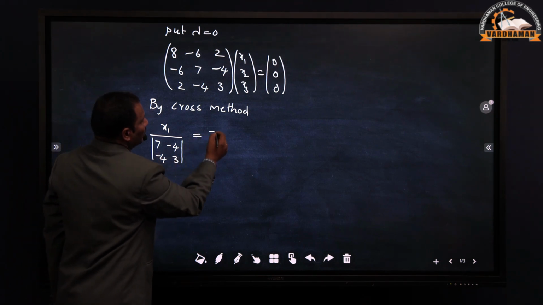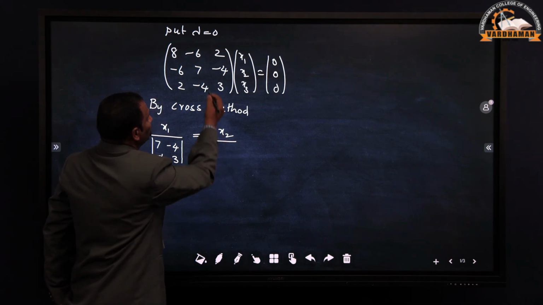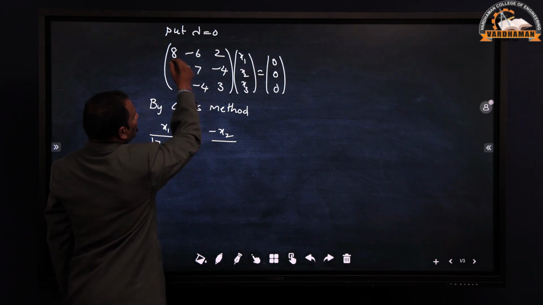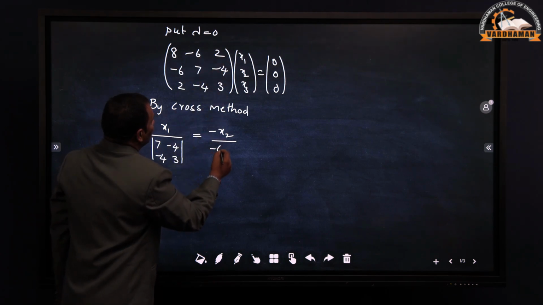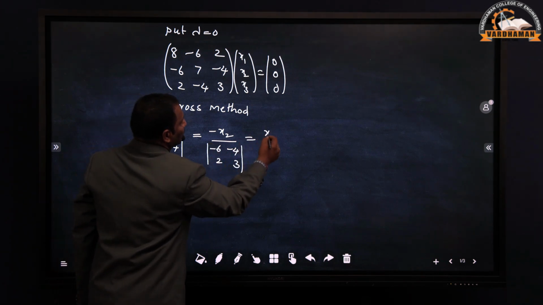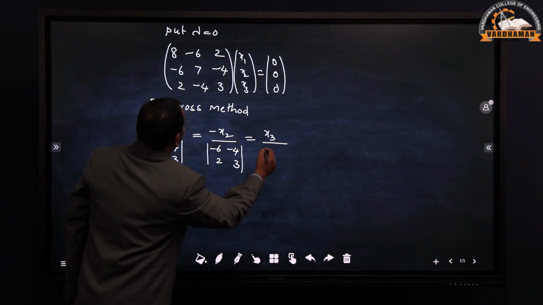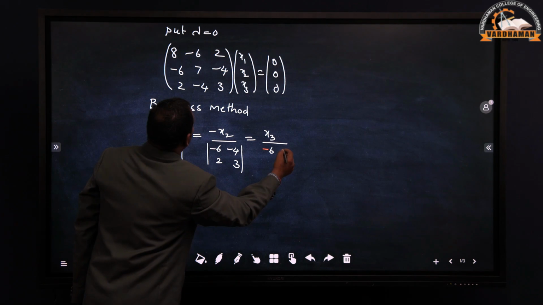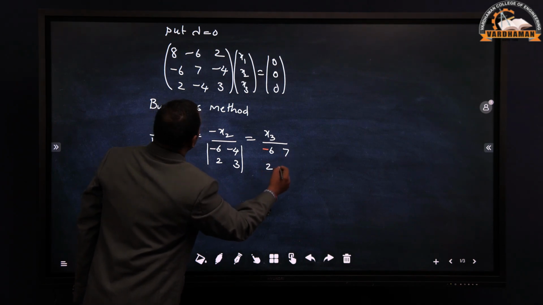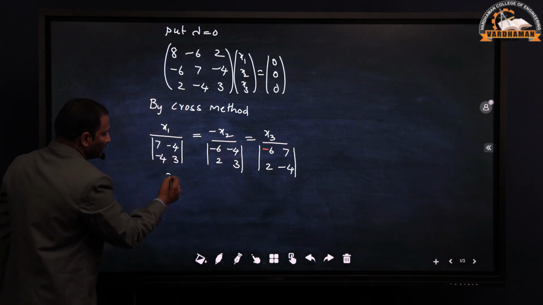For the second, minus x2, neglect the second column and first row: minus 6, minus 4, 2, 3. For the third, x3, neglect the third column and first row: minus 6, 7, 2, minus 4. Find the determinants.